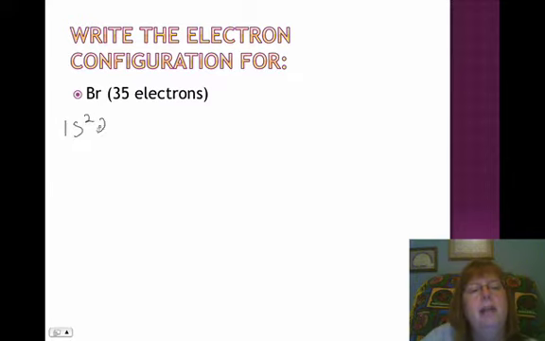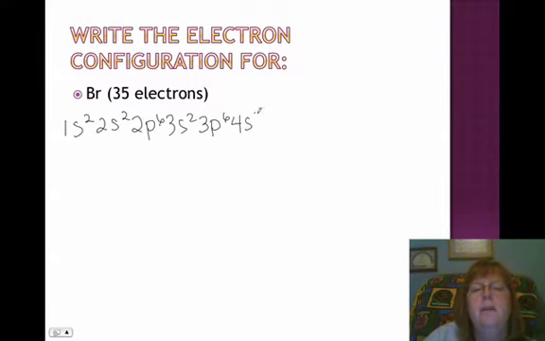All right, we're going to use the alphabet order from lowest to highest energy: 1s2, 2s2, 2p6, 3s2, 3p6, 4s2, now we fill in the 3d10, and then it's 4p5. If we add all those superscripts up, we will come up with 35, the number of electrons in bromine.